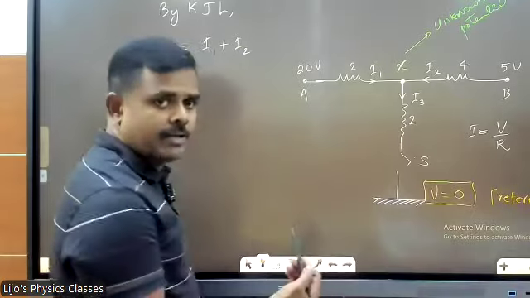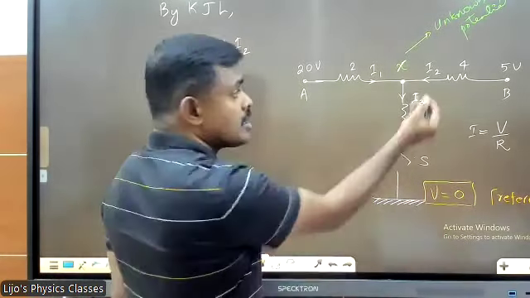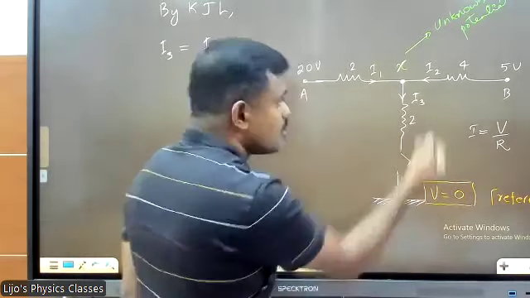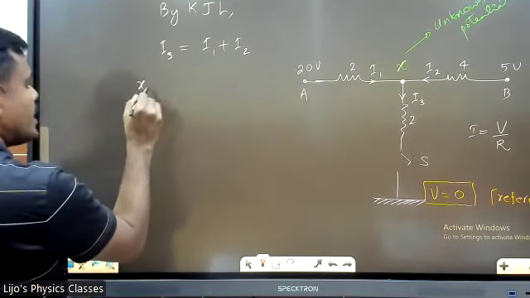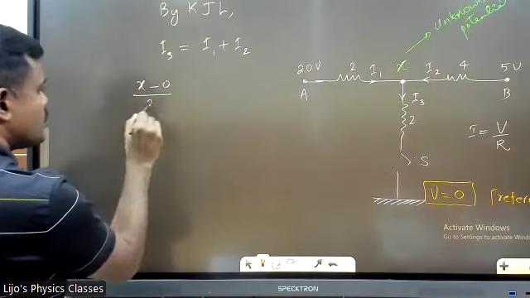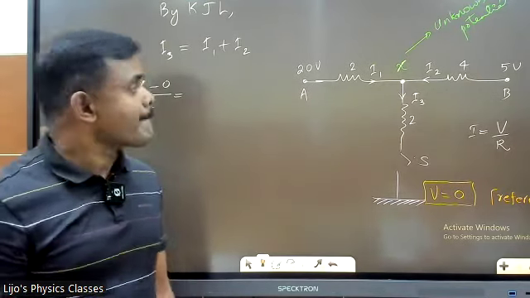Voltage means potential difference. Potential of this point is X, potential of this point is 0. So the potential difference is X minus 0, divided by the resistance there, 2 ohm, is equal to.